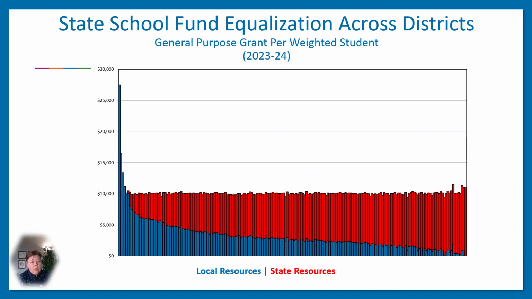So according to Oregon's law, if a school district receives more in local resources than what the state school fund formula distributes, they get to keep that excess local resources. The state does not take that back. And so that's why you see a few bars where those are school districts that receive only local resources and no state resources for their general purpose grant.